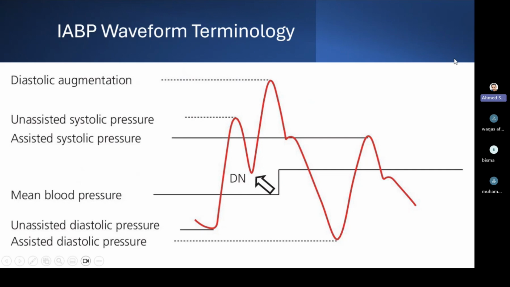You will notice that the assisted systolic pressure will be lower than the unassisted systolic pressure, and the assisted end-diastolic pressure will also go down. All the pressures will go down, and this will decrease the afterload during the systole, right?